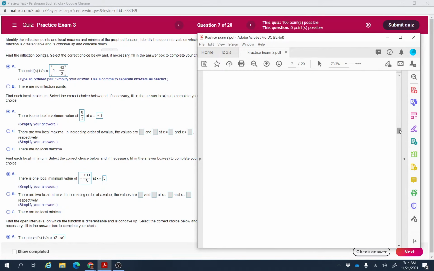So this is problem 7. y is x cubed over 3 minus 2x squared minus 5x.